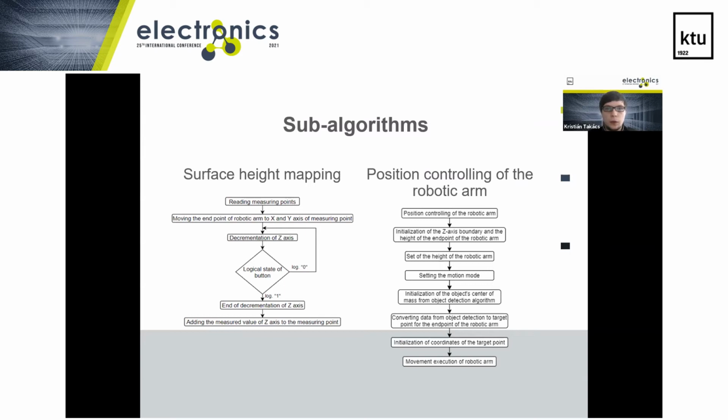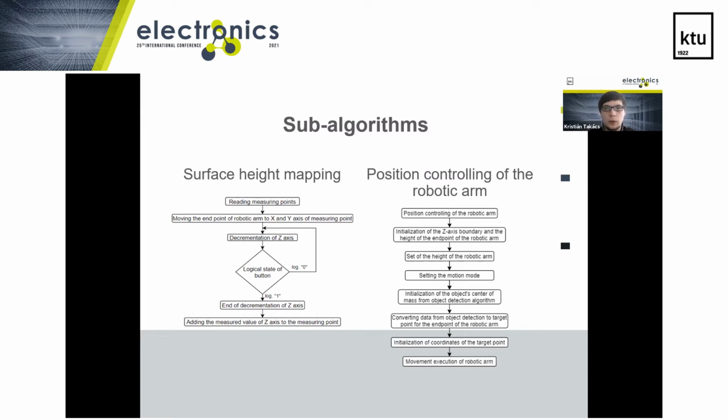The right side of the screen shows a block diagram of the position controlling sub-algorithm. Later, in the process of attaching the object to the suction cup, we must consider the Z dimension of the object. Then the sub-algorithm processes data from object detection algorithms. One of the main output values of these algorithms is the center of mass of the desired objects.